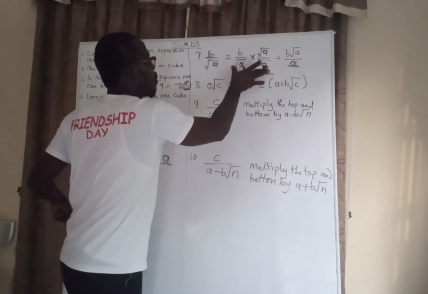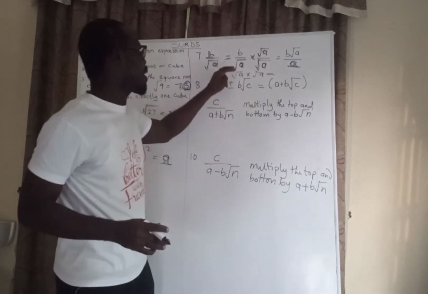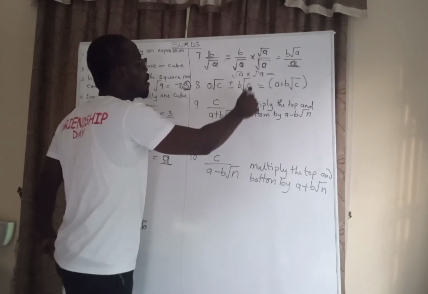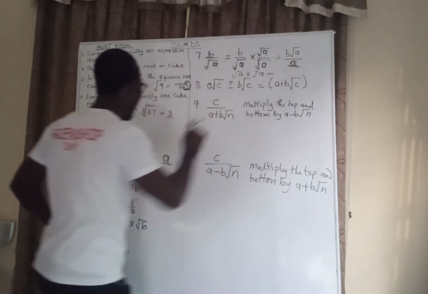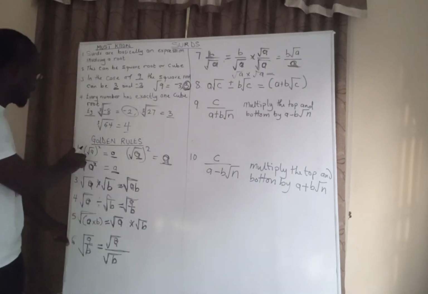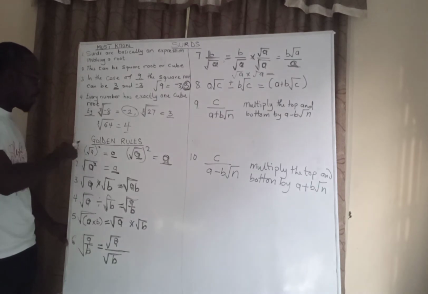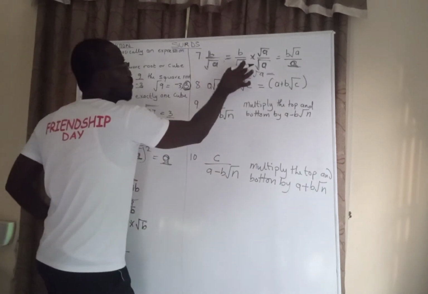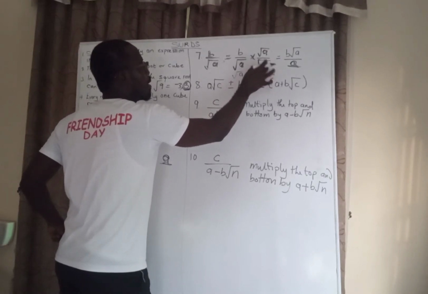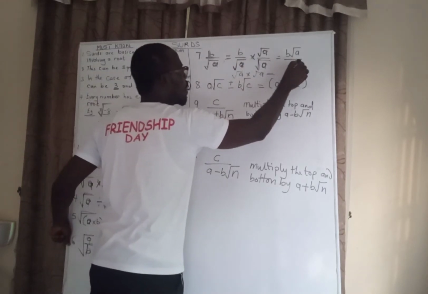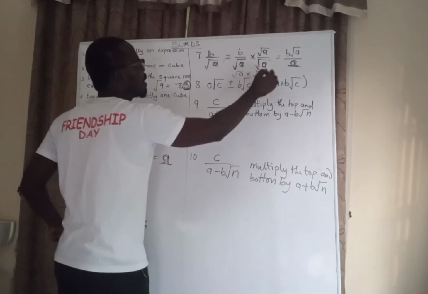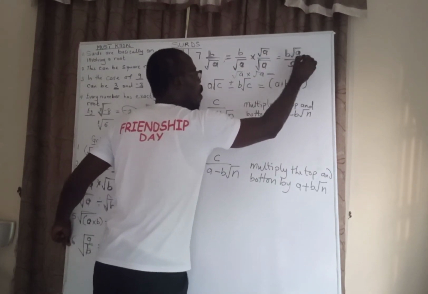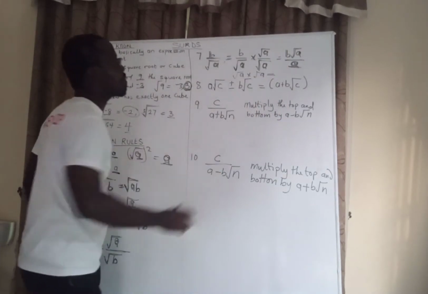Okay, so we can also say we have neutralized it. All right, we have cancelled the square root. Okay, so by applying the first rule, which says the square root of a all squared is equal to a. So the square root of a multiplying itself will give us a. So this expression can be b times the square root of a, all over a.